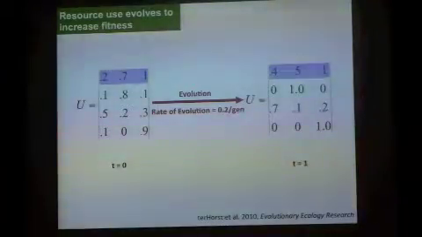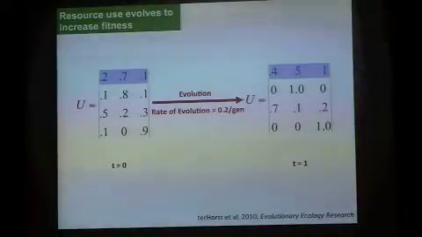So for instance, species 1, which had a lot of resource overlap with species 2, starts using less of resource B and starts using more of resource A. That's the best strategy for species 1 to maximize its fitness in the next generation.